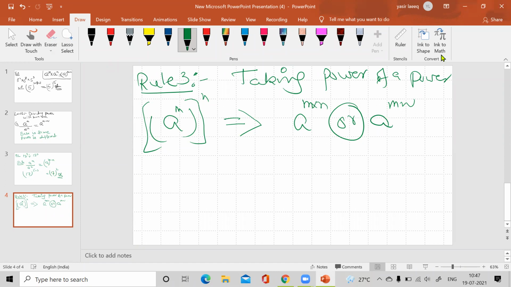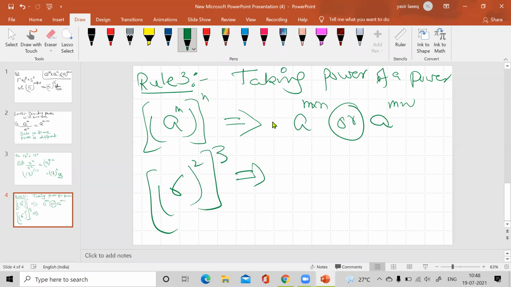I am giving you a question. Please do it according to this rule. If 6 is given and its power is 2 and the whole power is 3, solve it and tell me the complete answer. Sir, which rule do we have to use, rule number 1, 2 or 3?